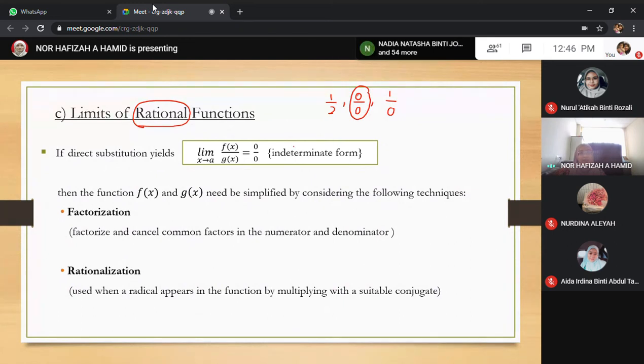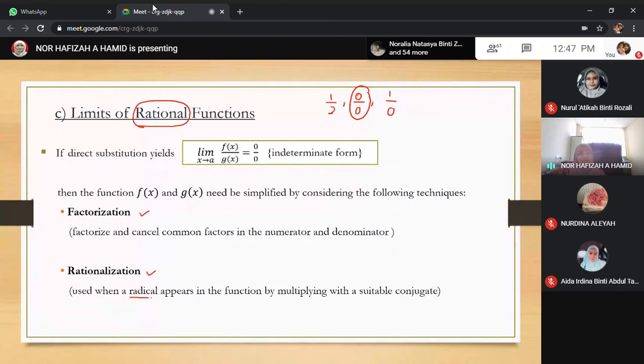Okay, so we have two methods to solve when fraction tu in terms of 0/0. So the first method is using factorization. So technique dia, you need to factorize and cancel common factors in the numerator and denominator. And second method, you use rationalization technique. Okay, so rationalization technique ni is used when a radical appears in the function by multiply with a suitable conjugate.